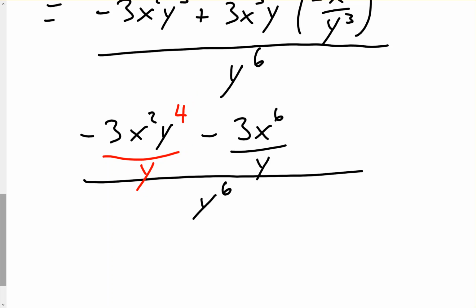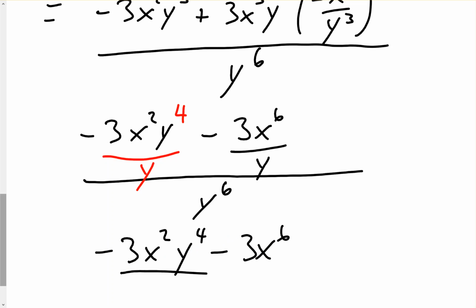And then I could pull out the 1 over y, and I could make that 1 over y join the bottom. Okay, so this will end up looking like this. Negative 3x squared y to the 4th minus 3x to the 6th all over y to the 7th.